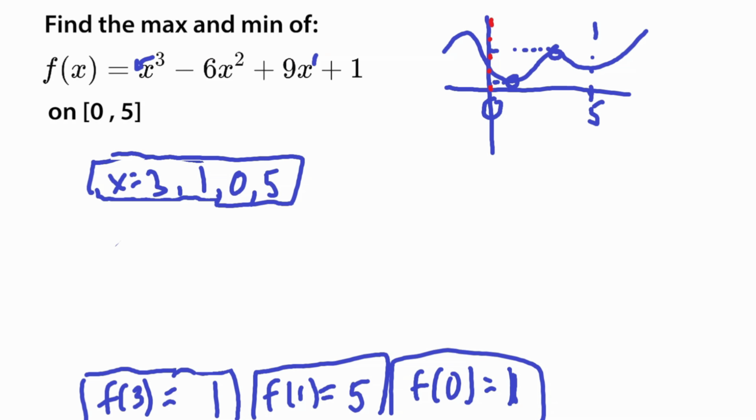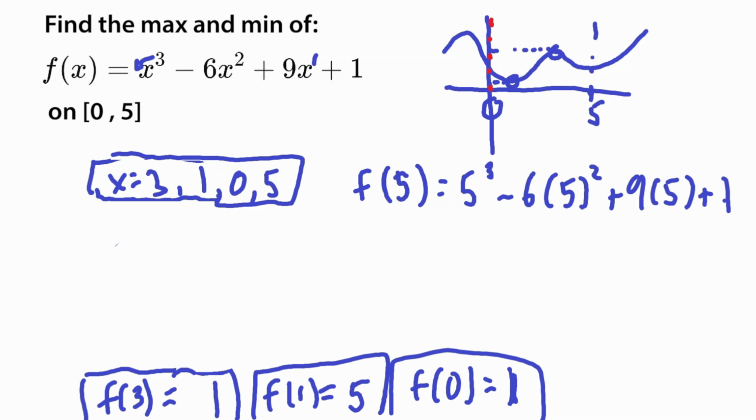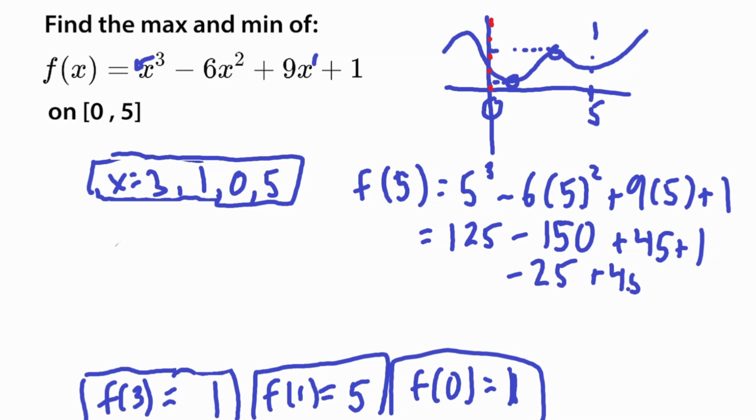Finally, we plug in 5, our other endpoint. f of 5 is equal to 5 cubed minus 6 times 5 squared plus 9 times 5 plus 1. So 5 cubed is 125, minus 6 times 25, which would be 150, if I'm not mistaken, gives negative 25, plus 45 plus 1.